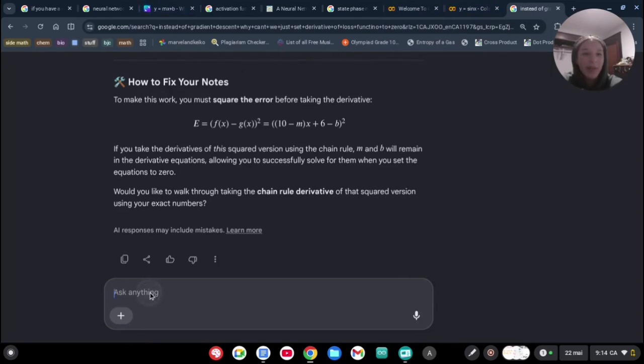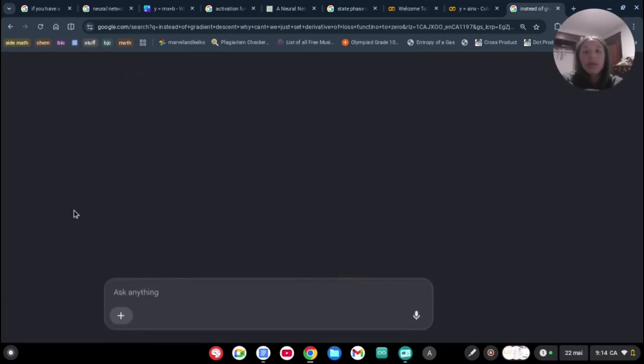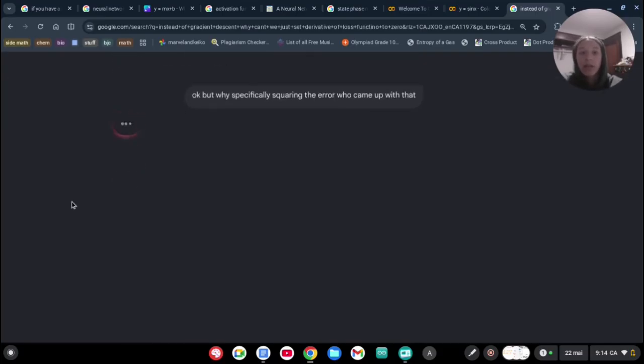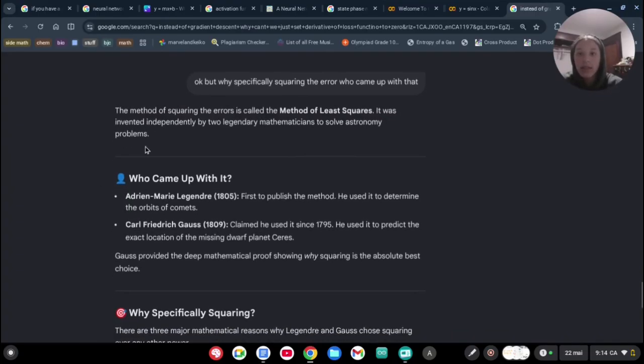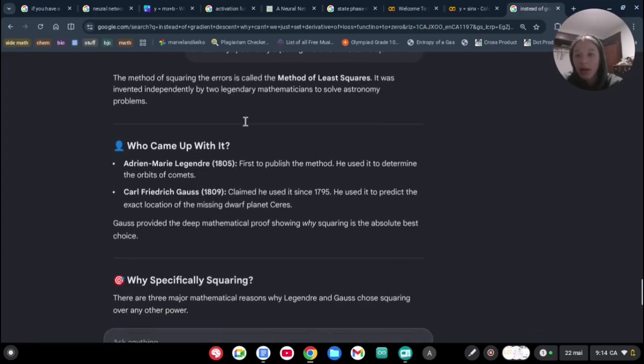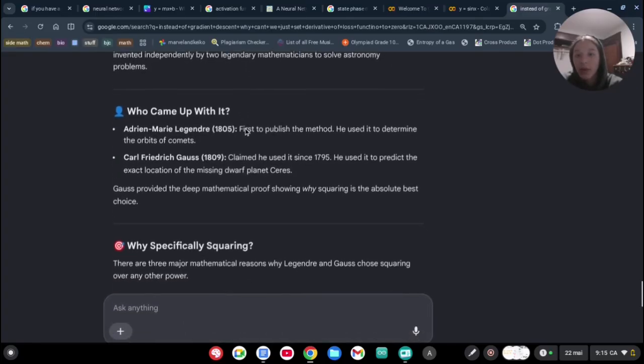Should I ask why that will work? Okay, but why specifically squaring the error? Who came up with that? Because we're just trying to actually gain an understanding of what's happening, why it's happening, all that. So it's called the method of least squares. Oh, cool. Yeah, okay.